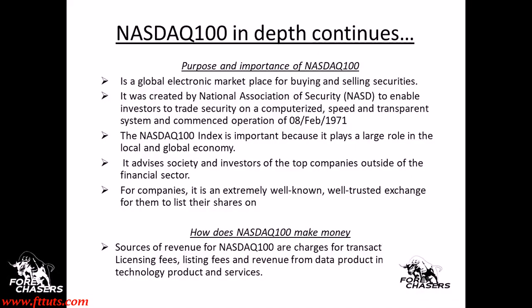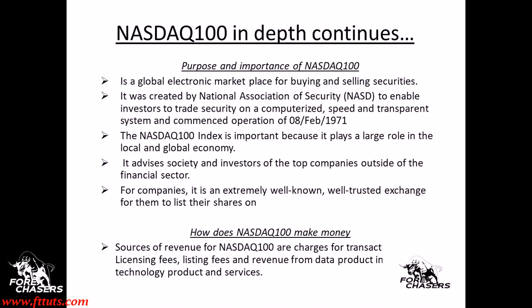How does Nasdaq make money? As we know, there are a whole lot of companies on Nasdaq, but the question is how does Nasdaq make money? The sources of revenue for Nasdaq are charges for transactions, licensing fees, listing fees, and revenue from data products, technology products and services.